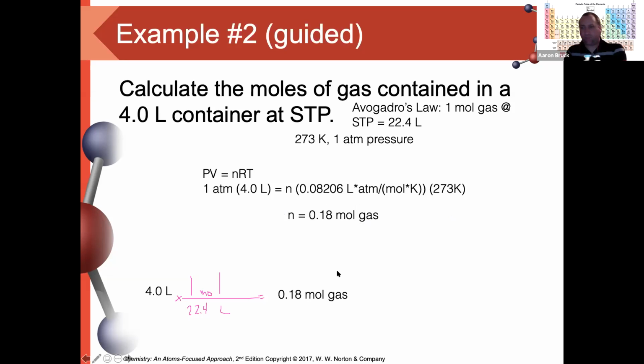So either way would work in this case. This is a special circumstance, however, because we are at STP. At STP, this relationship holds up. But if we were not at STP, we would have to use the ideal gas law like this. We couldn't just do a direct conversion using this equation. Any questions?